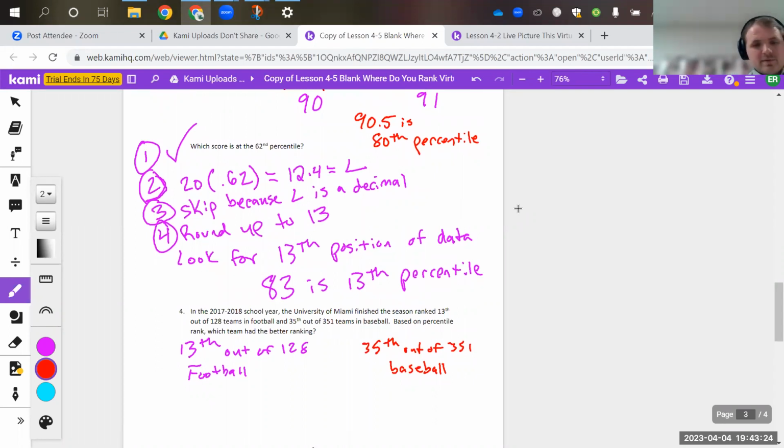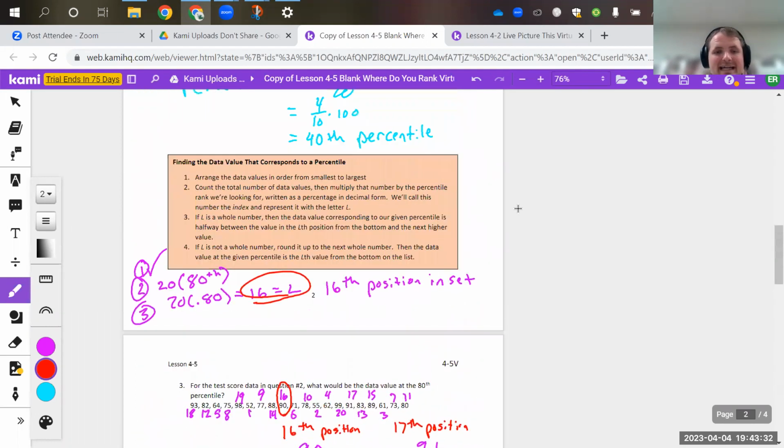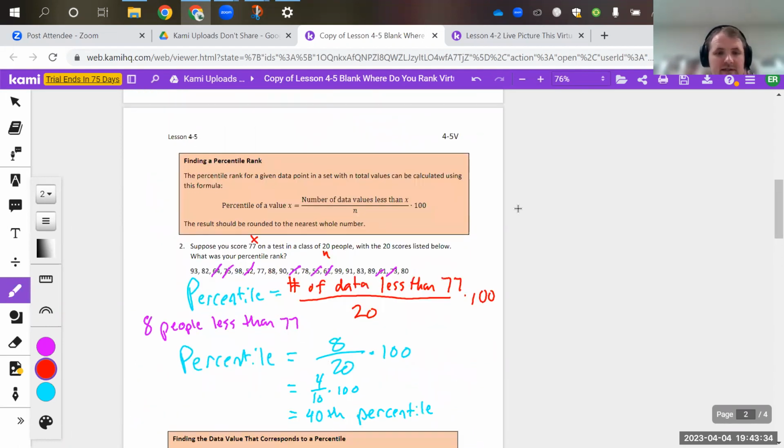Okay. And so looking at our percentile work right now, I can actually copy it and paste it so I don't have to scroll.